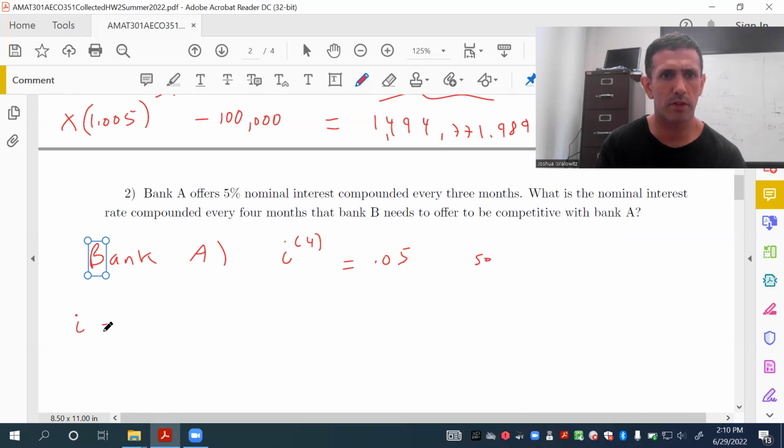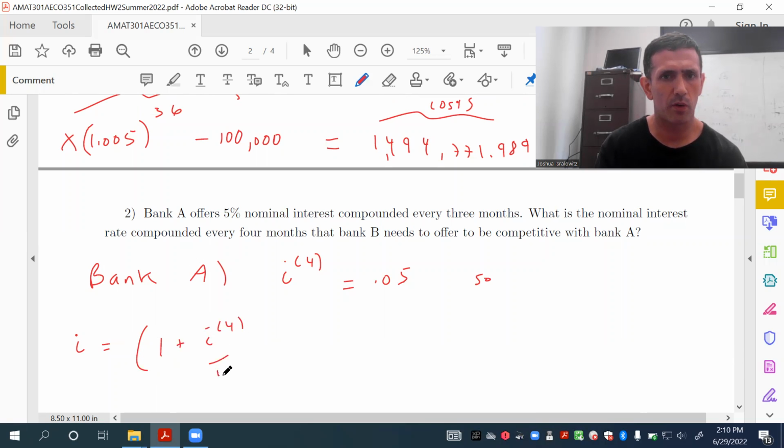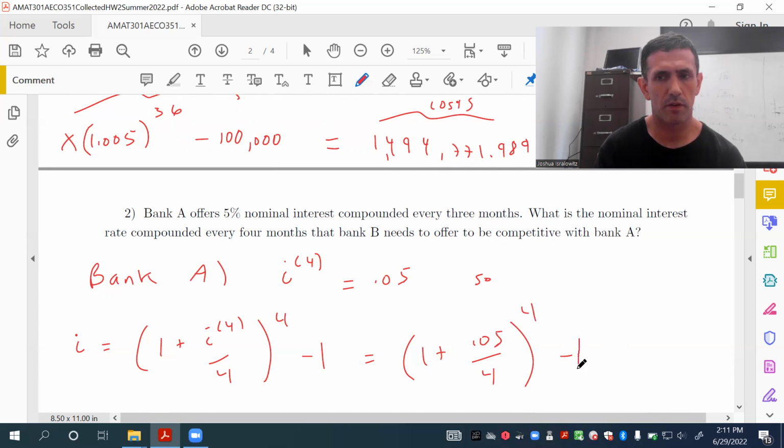So that means our formula, 1 plus I4 over 4, to the fourth, minus 1. I4 is 0.05, so this is going to be 0.05095.